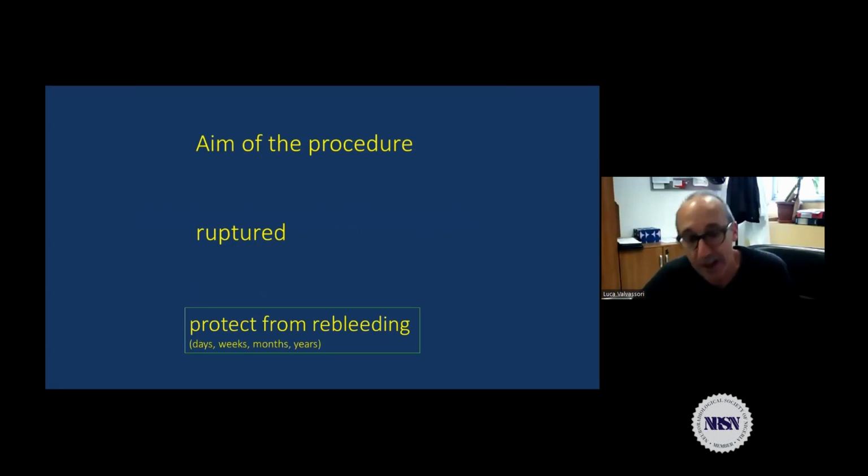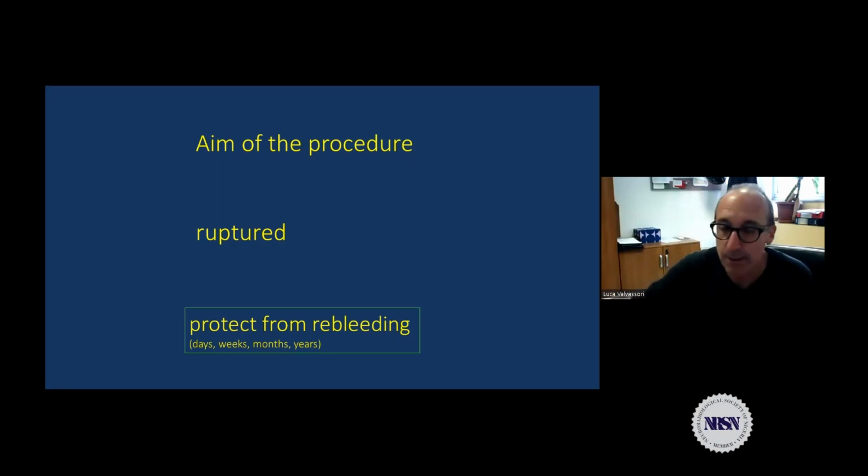So the effect of our treatment is measured in days, weeks. More important is the protection within months or years. So we want to save the life of the patient, and we have to do it in an emergency setting, and we have to protect it for weeks, let's say.